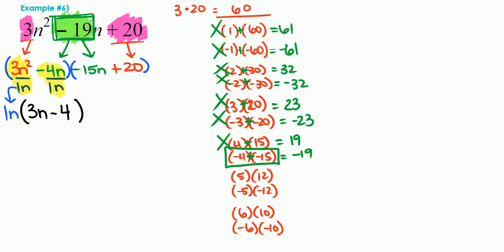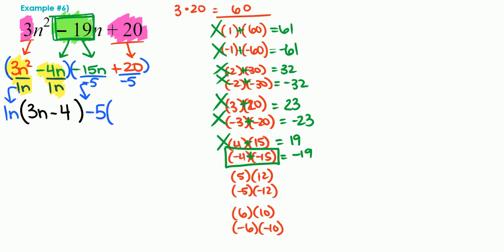Moving into my next set of parentheses, well, I really want this first number to become a positive 3. So in order to do that, I need to take negative 15 divided by negative 5. Also, 20 is still divisible by negative 5. So I'm going to go ahead, write that term in front. It will be a minus 5.